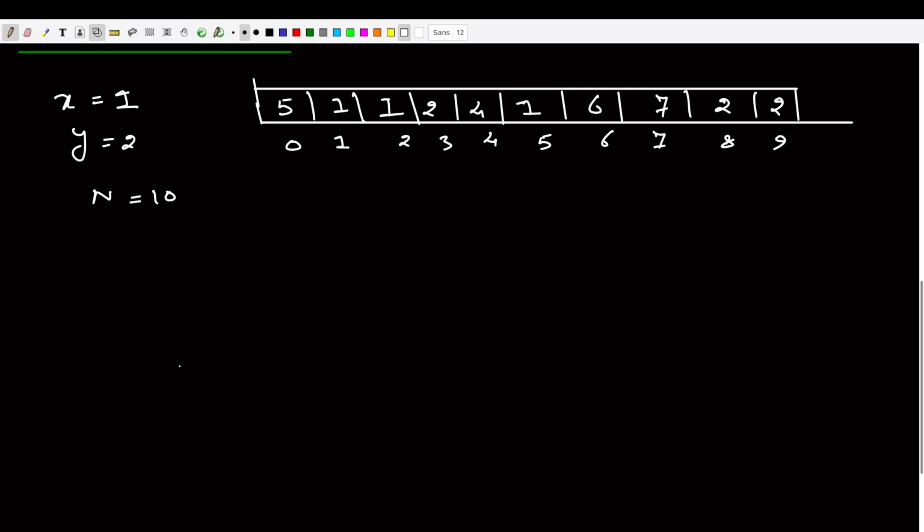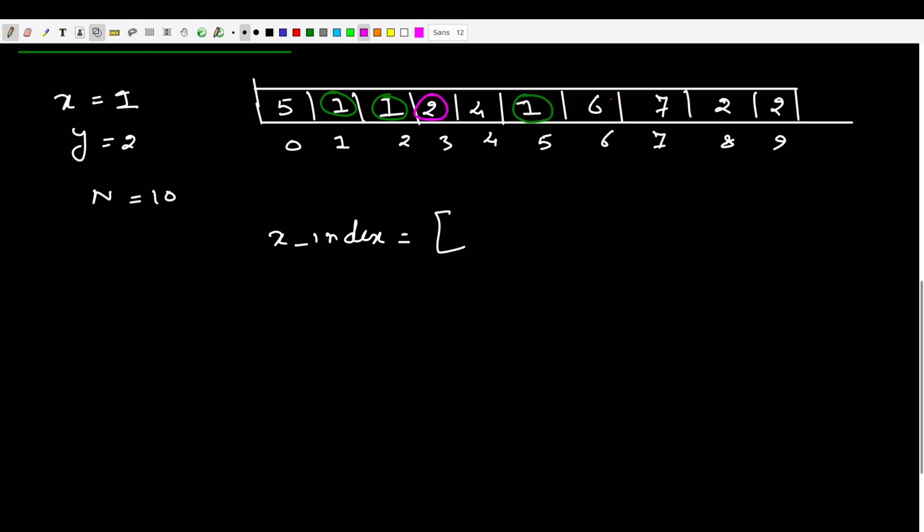Okay, so the brute force solution basically says that I will see at which places x occurs. So x is 1. The occurrence of 1 is here, here and here, right? And the occurrence of y is where?